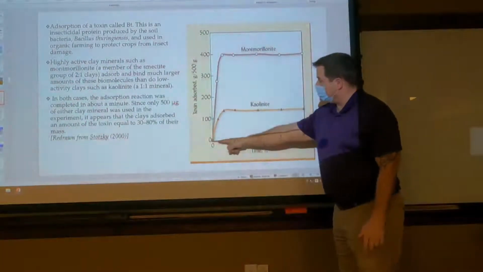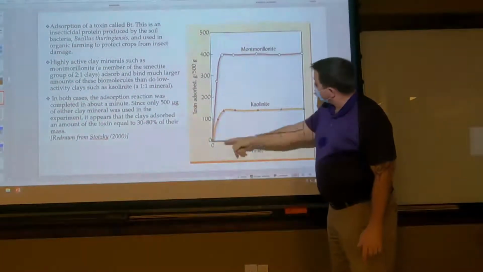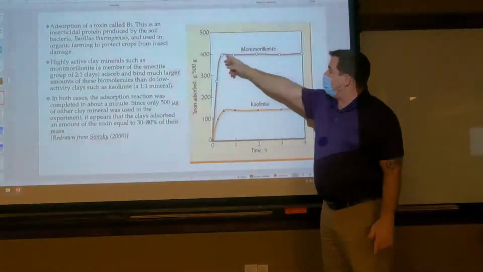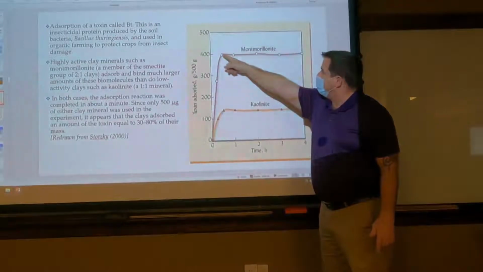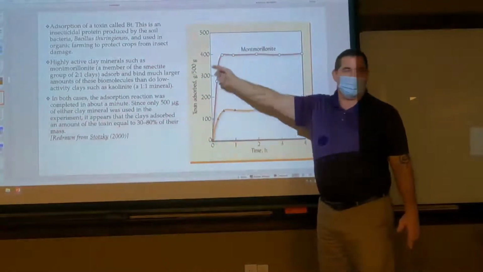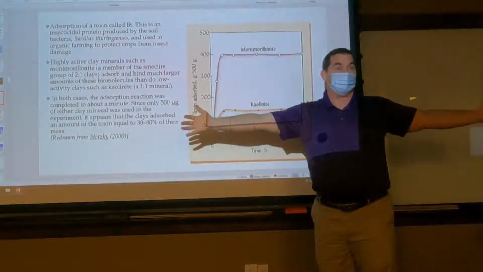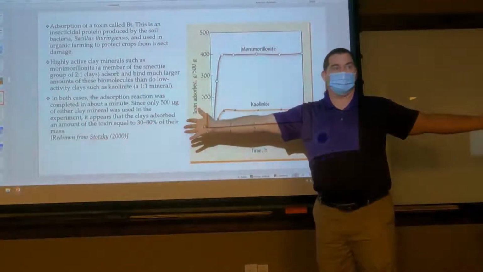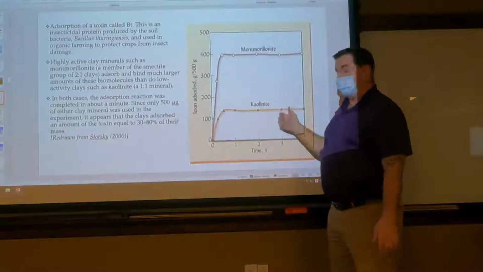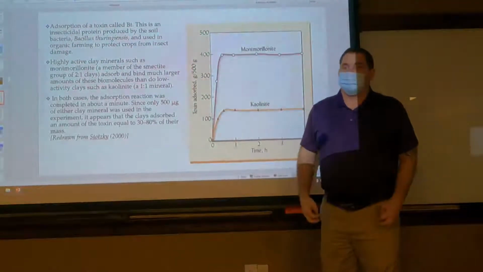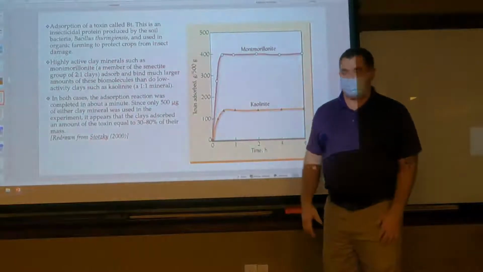So almost immediately, let's say 20, 30 minutes, all of the Bt was adsorbed to this montmorillonite. So going back to the table, that's the 130 centimoles of charge per kilogram. The kaolinite, probably soil B on the right side, only had 29 centimoles of charge per kilogram.